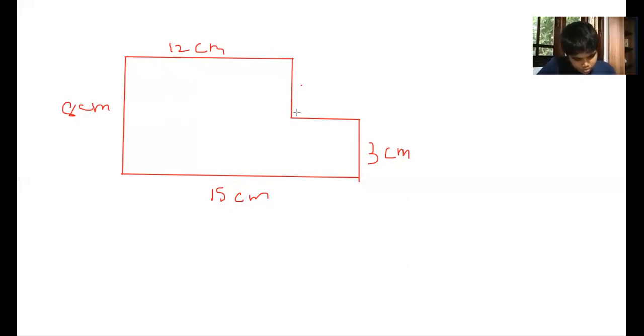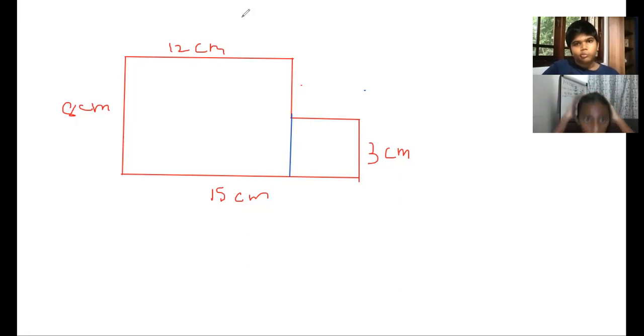I will separate like this. Now I separated like this into two parts. Can you tell me what are the lengths and breadths? Also, I can name the letters A and B. Can you tell me the length and breadth of A? 8 centimeters, 12. 8 and 12, no?